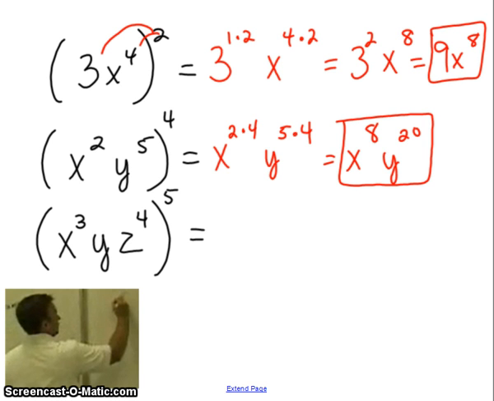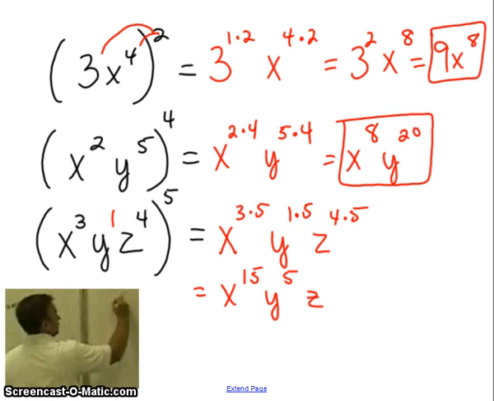All right, x to the third, y, z to the fourth, raised to the fifth power. So we have x to the third times 5, y to the first times 5, and z to the fourth times 5. All right, so you get x to the 15th, y to the 5th, z to the 20th.